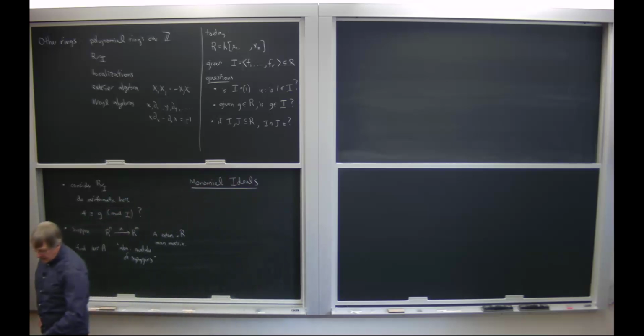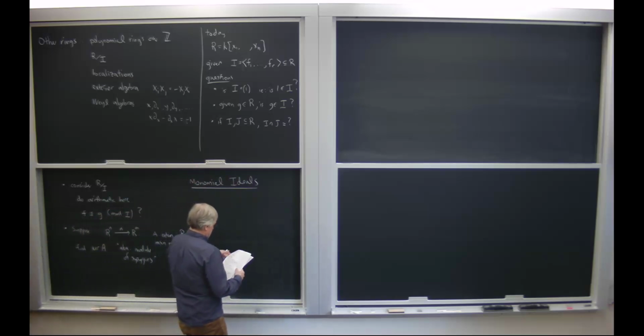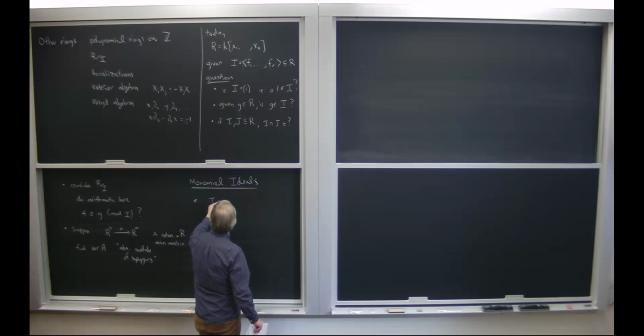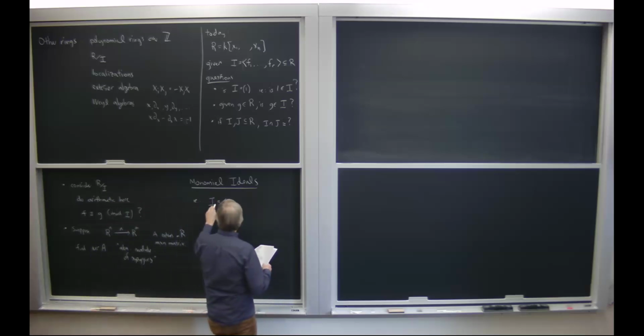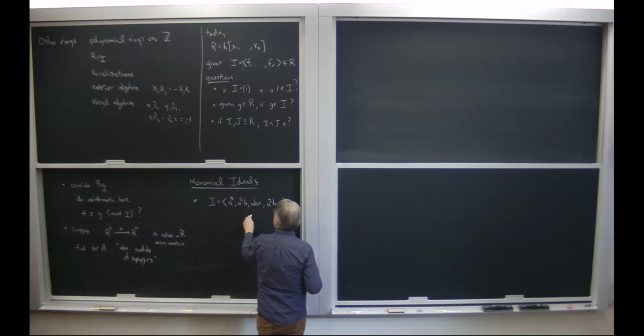So again, R is our polynomial ring here, and a monomial ideal is going to be something like I is generated by a bunch of monomials. So for instance, here's one: a cubed, a squared b, abc, a squared bc, and this is contained in K adjoin a, b, c.